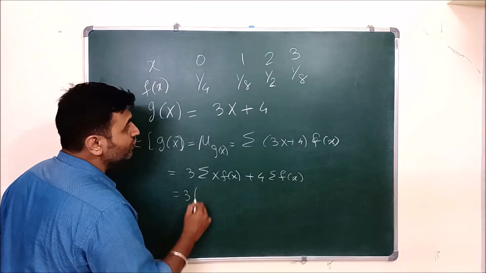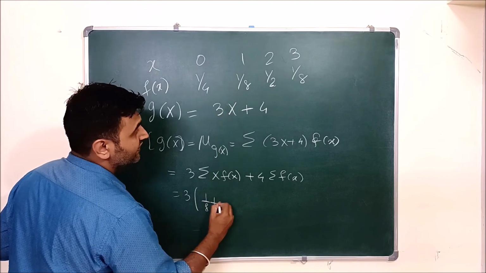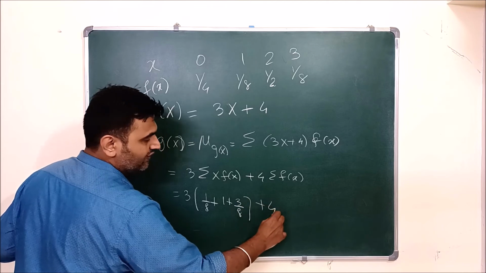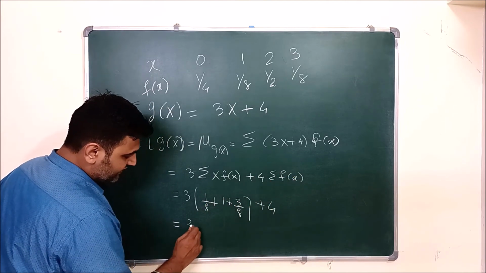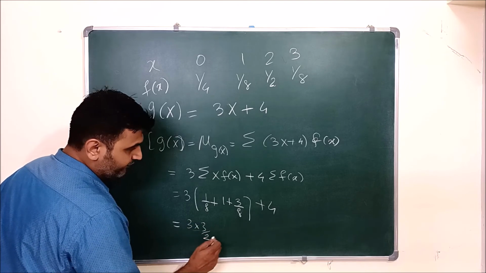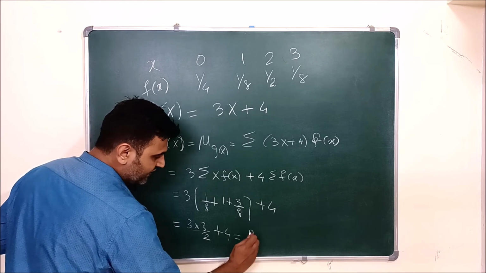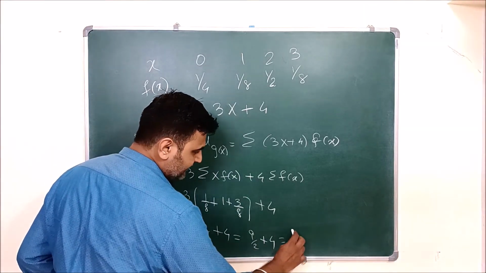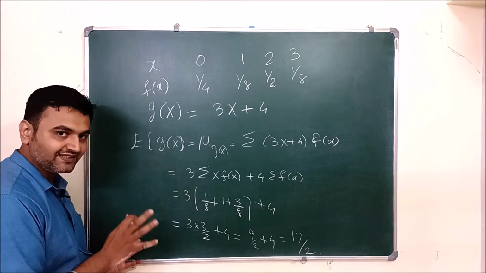So this is 3 into, what is this? 0 plus 1 by 8 plus 1 plus 3 by 8, plus 4 summation f of x, which is always 1. So what is this? 1 by 2. So this is 3 into 3 by 2 plus 4. So what you get is 9 by 2 plus 4. This is nothing but 4 twos are 8, 8 plus 9 is 17 by 2. So this is the mean, provided my calculations are right.